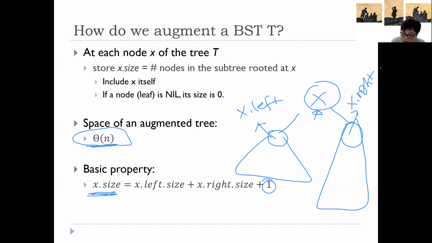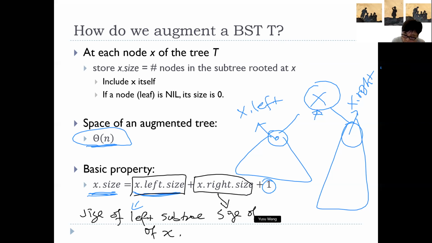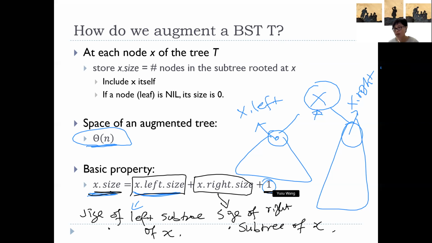The size of the left subtree is simply the size stored at its left child. So this quantity is the size of the left subtree of x, and this quantity is the size of the right subtree of x. The size of x equals the size of the left subtree plus the size of the right subtree plus 1 for x itself.